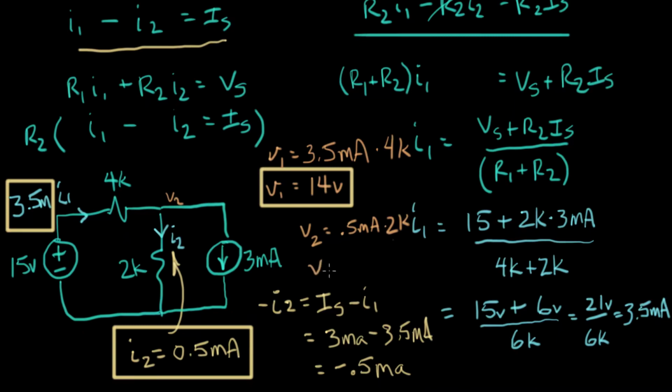And V2 equals 1 volt. And now we've solved our circuit. That's a complete circuit analysis using the fundamental laws.